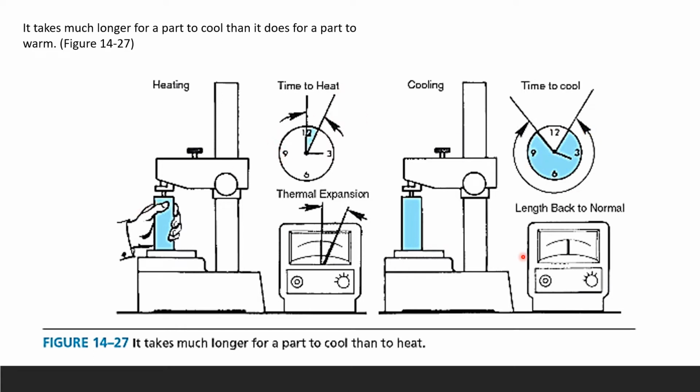And this is your length back to normal. And here you can see the thermal expansion of your part. We're just trying to measure how much thermal expansion there is with a high amplification measuring system. And again, you can't see it with our regular eyes at all.